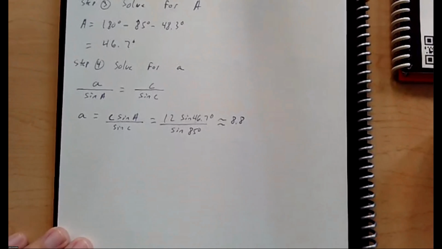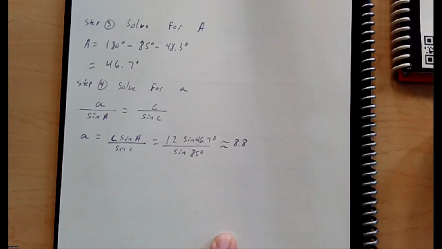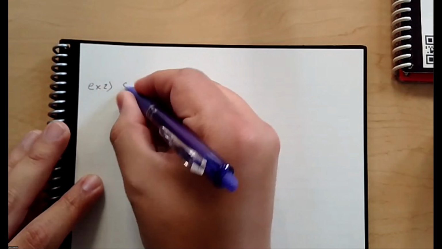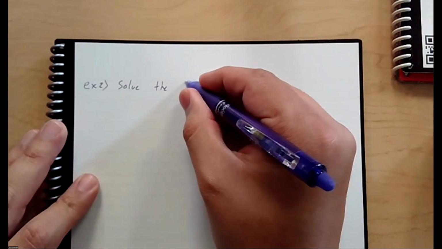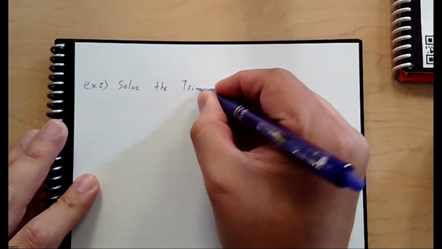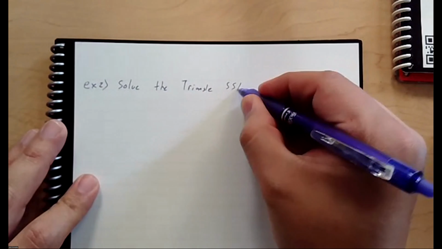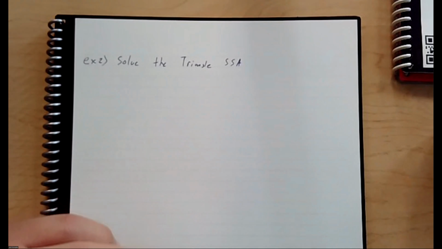All right. I'm gonna need a new page. You cool on this side, on this page here? It's all right. All right. Example 2. Solve the triangle. This is a side angle type. Okay.